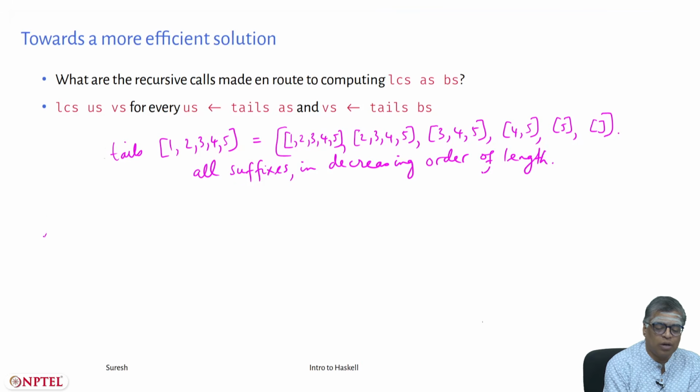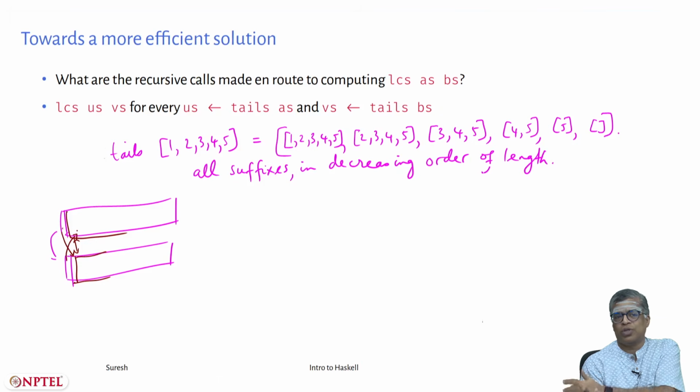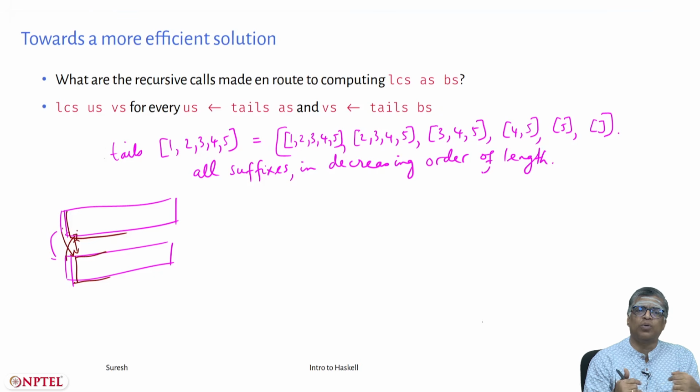To do LCS, if I have two strings, I'll do LCS of this whole thing, but then I might have to compute LCS of this string with this string, this and this. I might have to compute LCS of the whole string with this, LCS of this whole string with that substring, and so on and so forth. So essentially, you will consider all possible suffixes for A, consider all possible suffixes for B, pair them up in any which way, and then you have to compute the LCS of them.